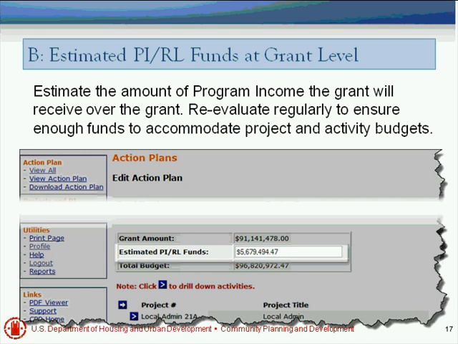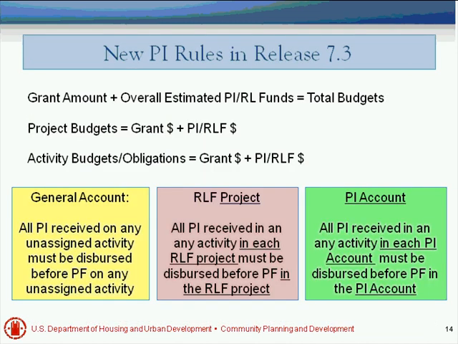Is that correct, Mark? Yeah, and that's one of the first actions people should take: setting up those program income accounts for anyone who is allowed to retain it. Again, if there are no program income accounts, if everybody's supposed to be turning the program income back to you, you're not going to have to set up any accounts, because you're going to be receiving program income at the activity level.